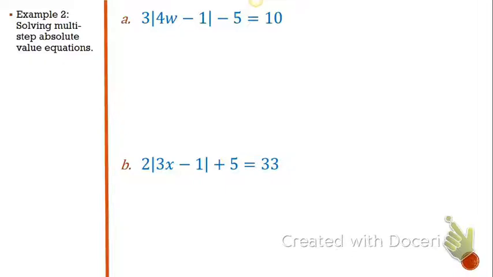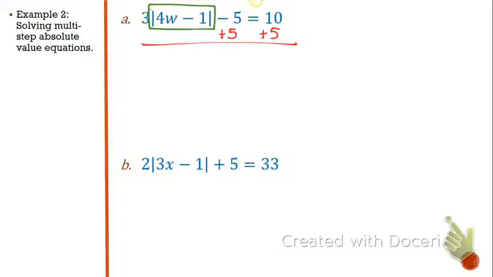So in order for us to begin finding W, we need to isolate the absolute value. So this needs to stay by itself first, okay? So pretend this is X, what would you do? I am sure that you guys would start with a constant, right? By adding it on both sides.